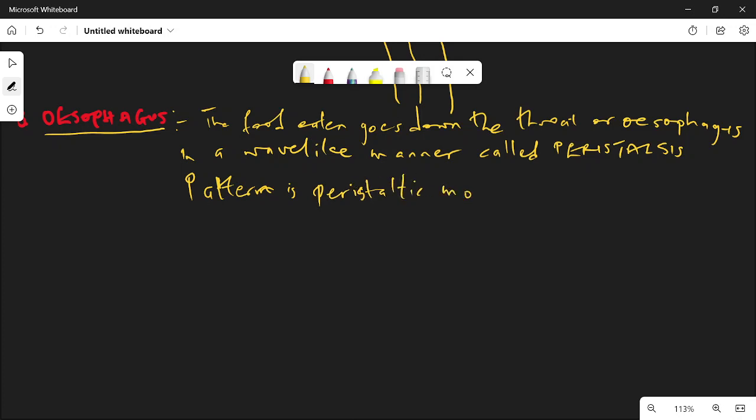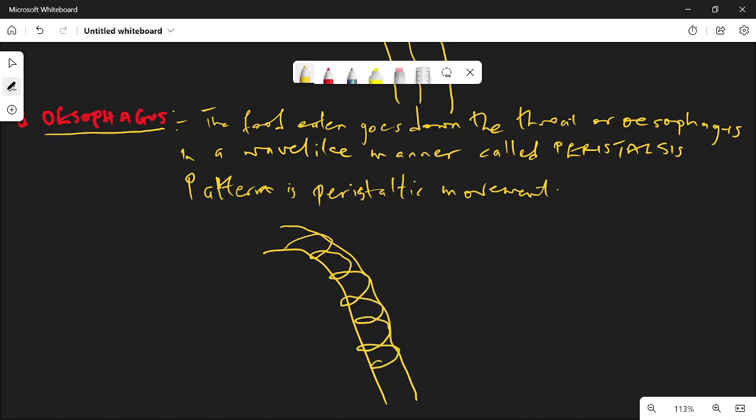So let's assume we have the pharynx, the esophagus, like this. So the food goes down from the mouth, it goes down like this. You can see that that's a wave-like system till it gets into the stomach.